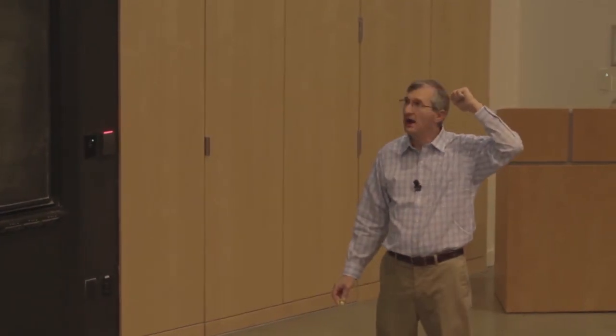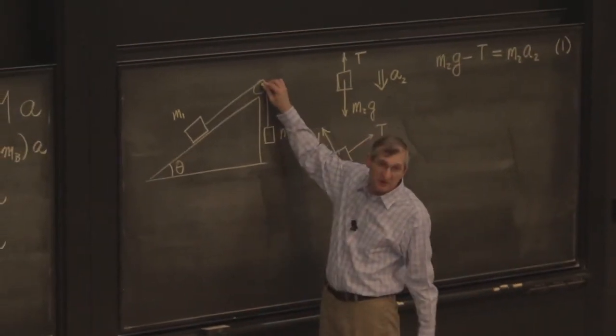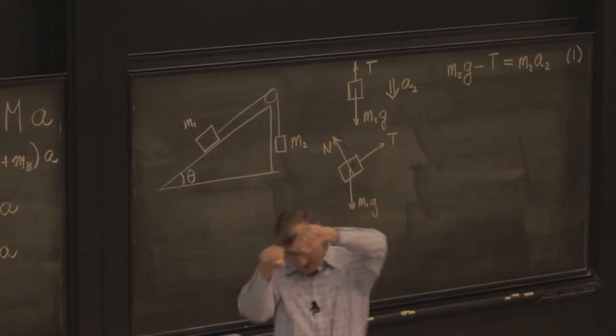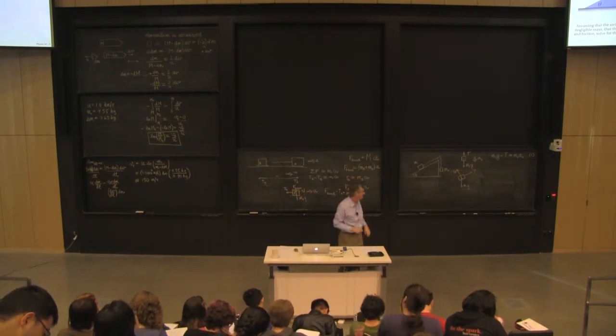So, if the string were to stretch, I couldn't get away with that. What else? If the string has mass, if the pulley has mass, if there's friction at the axle of the pulley, that would screw this up.